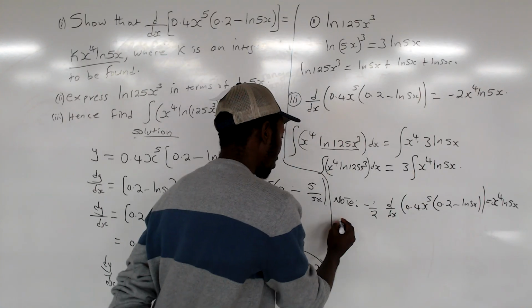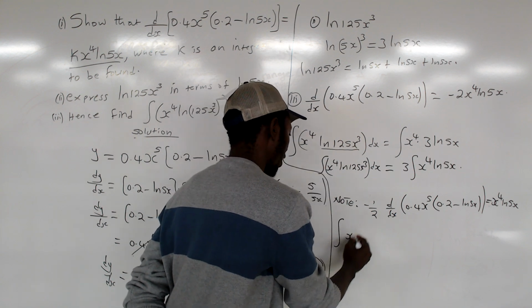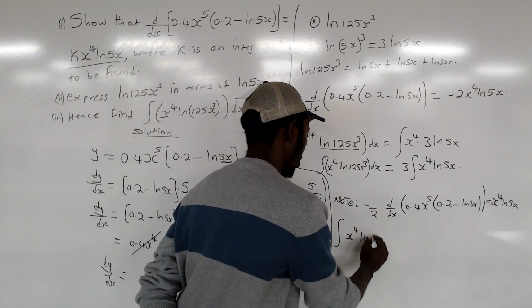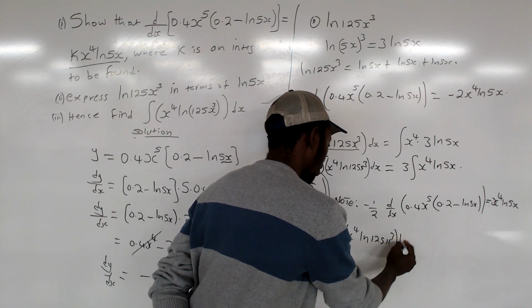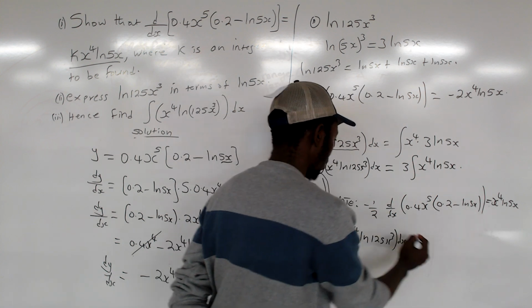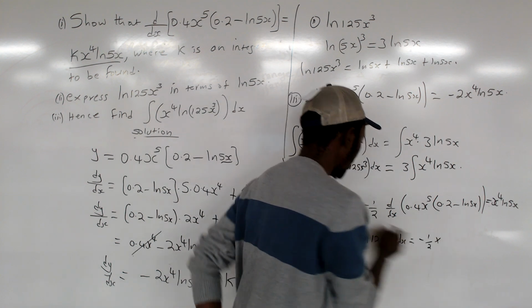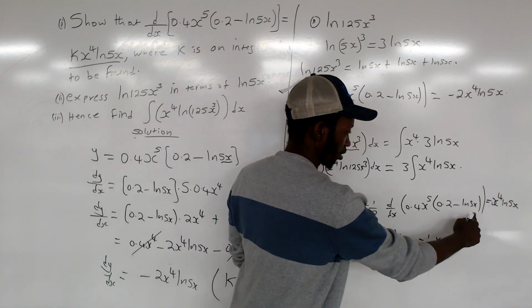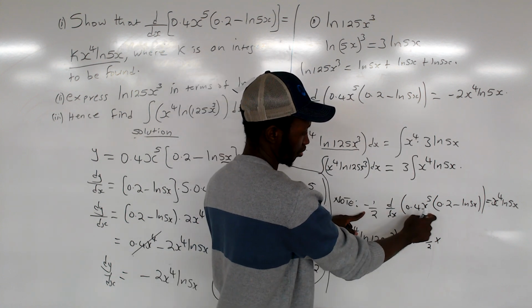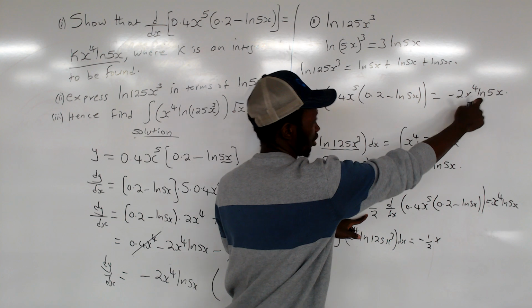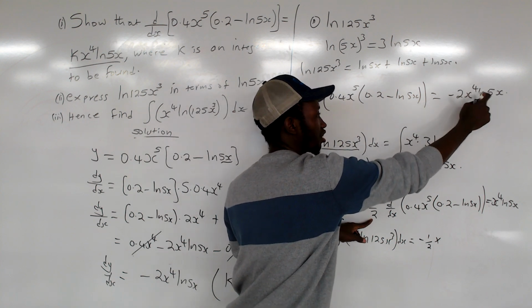So the integral of this value, x to the power 4 ln 5x^3 dx, equals negative half times the differential of this. The differential of this is going to give us this, and simply the integration of this will give us this.